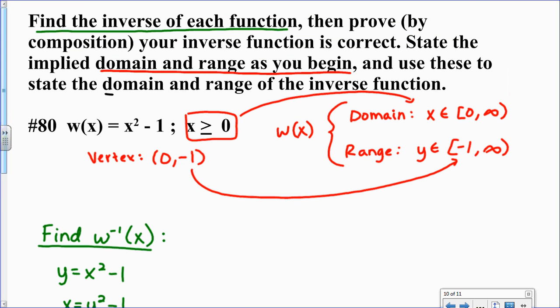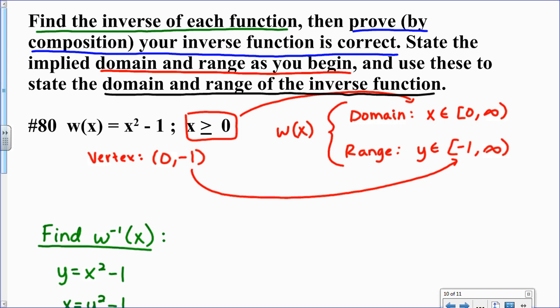Okay, so I did this. The last thing: prove by composition your inverse function is correct.